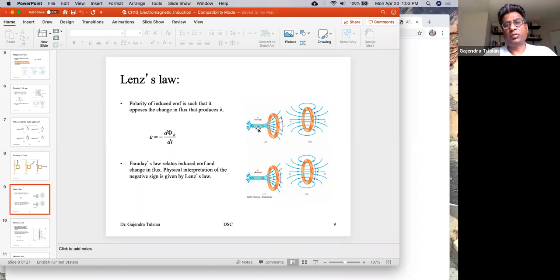So if you move your north pole in this direction, you're inducing a north pole in this direction, meaning the induced current is opposing what is inducing this current. Okay, so it's trying to stop this.